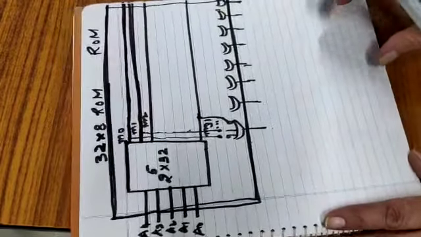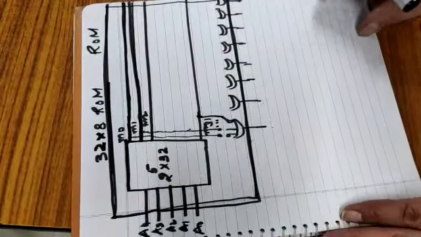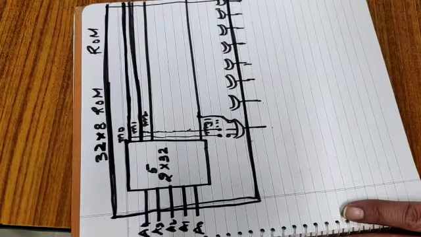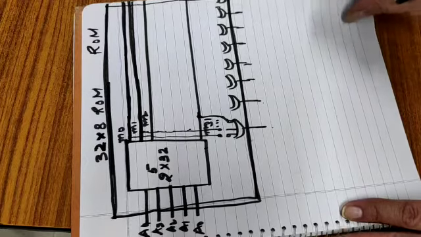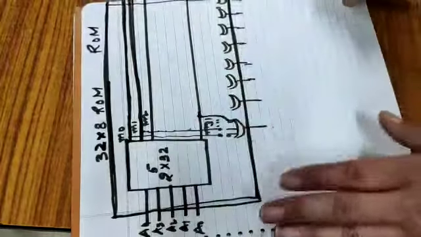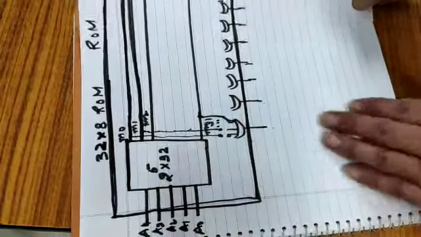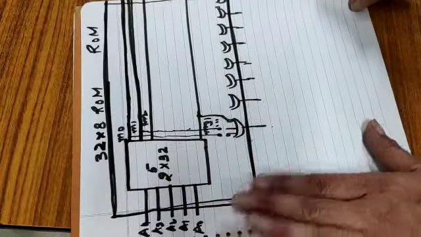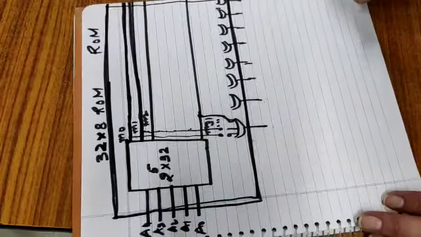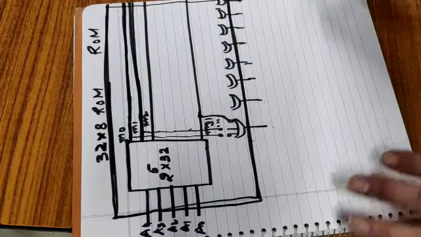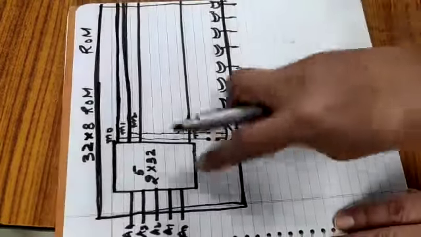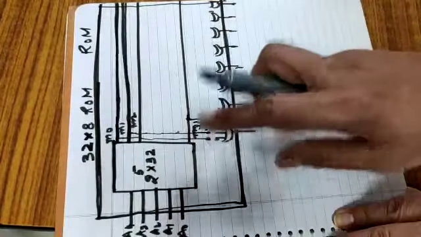For today, just go through this topic, and if you have any difficulty, please consult me. You can call me, you can ask me anytime. For today you have to complete this diagram and send it to me after completion.